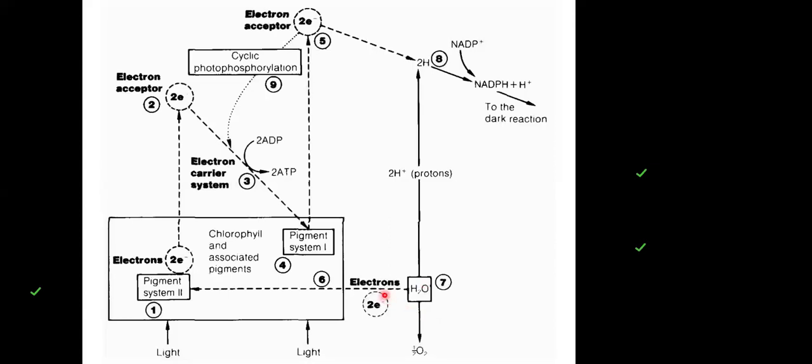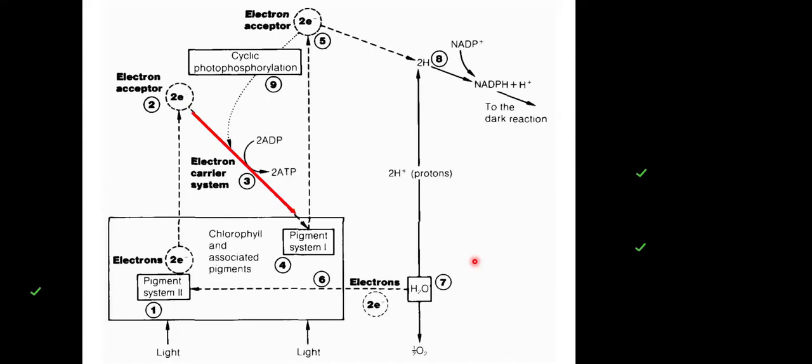But then when these ones also lose electrons, then they are unstable, like I said. So the electrons coming from water will come and stabilize this photosystem 2, which had lost its electrons to a high energy level. And this one had also lost its electrons to a high energy level. So it is being stabilized by these electrons that moved right from here and went through all these stages. So that is something we need to take note of.